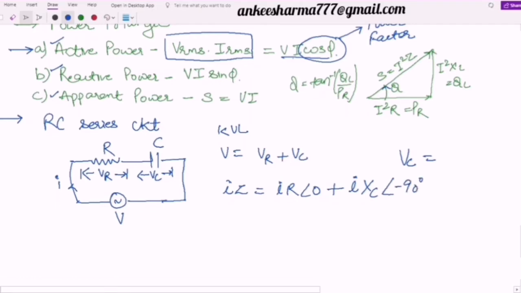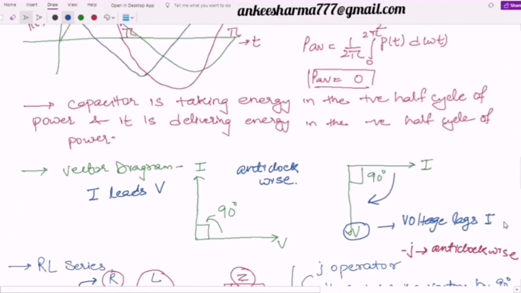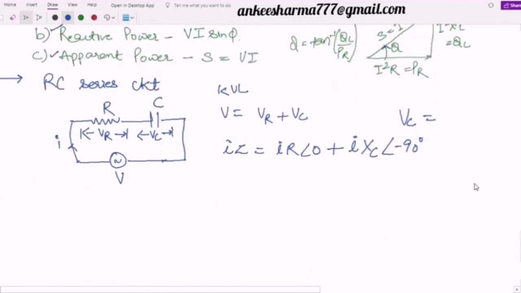If I go back and look at the capacitor case, there you can see that the voltage was lagging the current I. When voltage is lagging the current, it is in the clockwise direction, and this angle will be taken as minus 90 degrees. That's the reason we have used minus 90 degrees here.